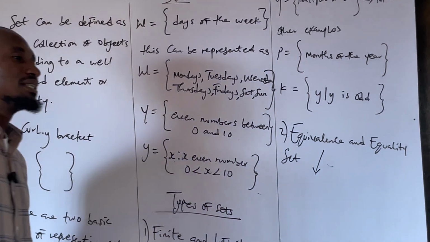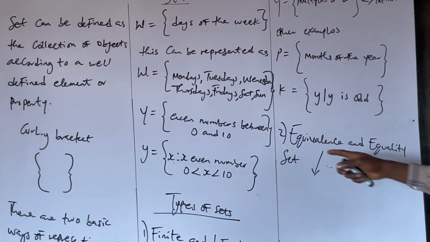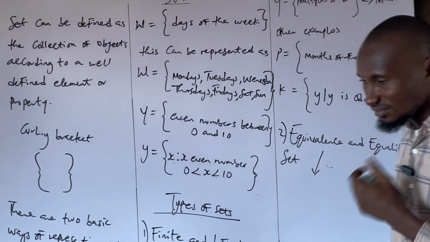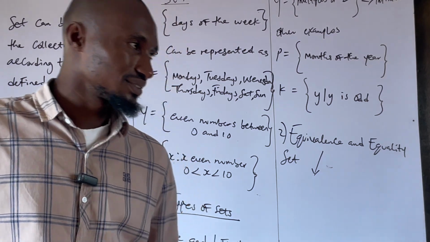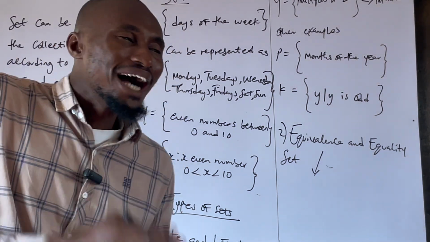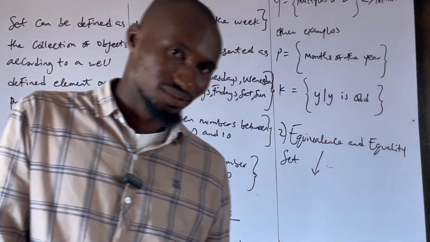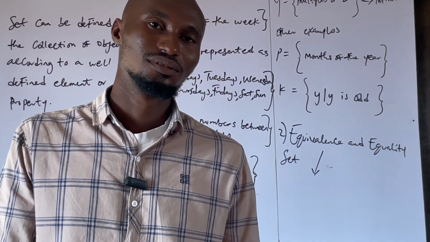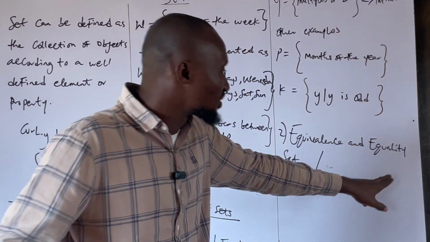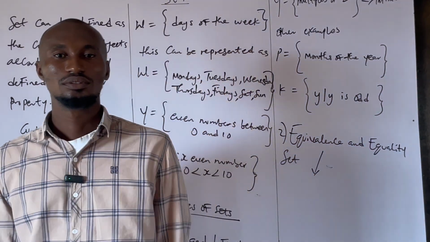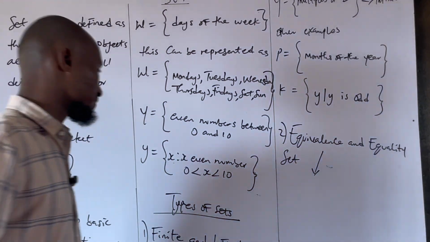Most students are confused on this particular type of set. Why are they confused? When we say equivalent sets, 5 bags of rice and 5 bags of beans is equivalent, but 5 bags of rice and 5 bags of beans is not equal. Did you understand that example now?